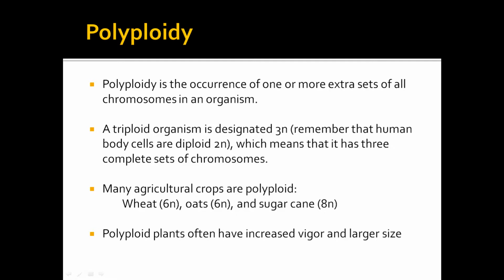Please do not confuse this term with non-disjunction, which refers to cell division during which sister chromatids fail to separate properly, resulting in an extra chromosome, not a whole set of chromosomes. Here we have a triploid organism that has a 3n number of chromosomes, or another extra set of chromosomes.